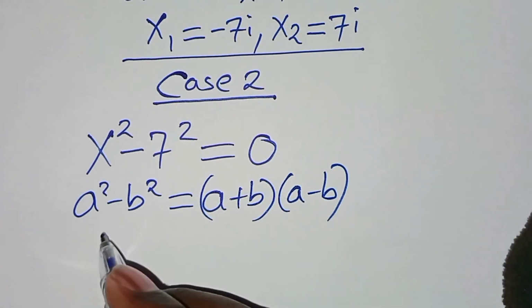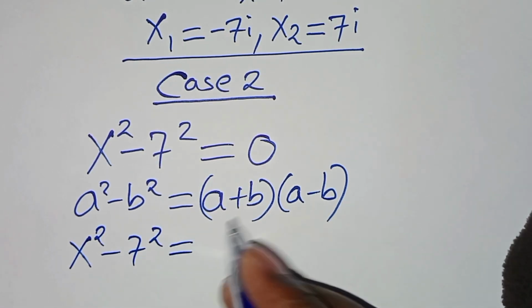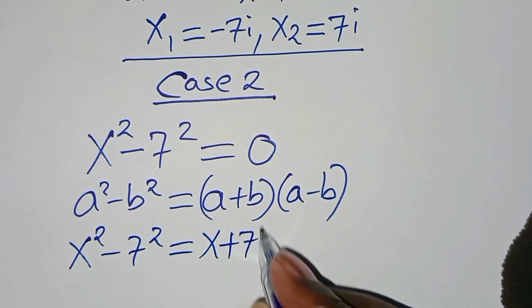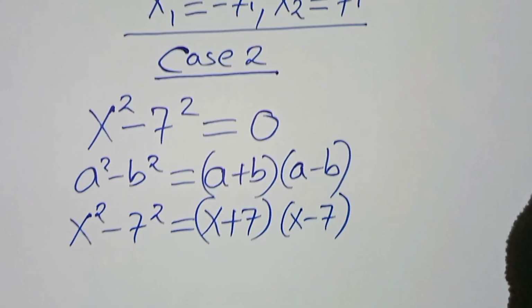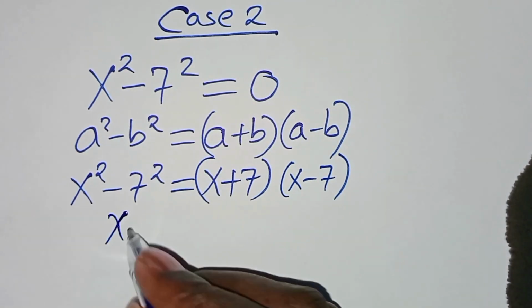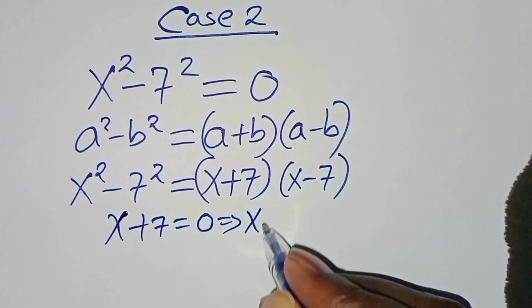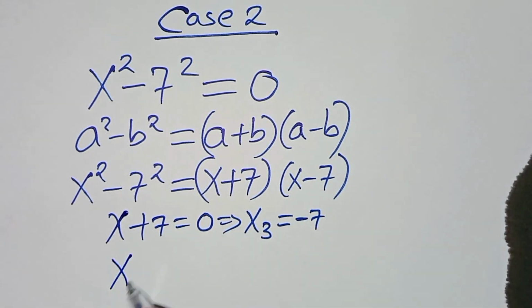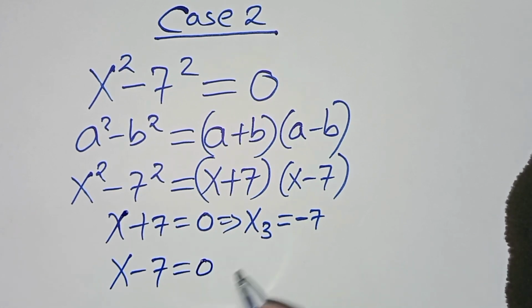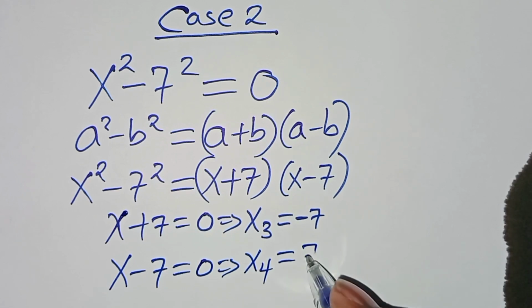And that implies that x to power 2 subtract 7 to power 2 is the same thing as x plus 7, x minus 7. And that implies that x plus 7 is equal to 0, and therefore x3 is equal to negative 7. And we have that x minus 7 is equal to 0, and that implies that x4 is equal to 7.